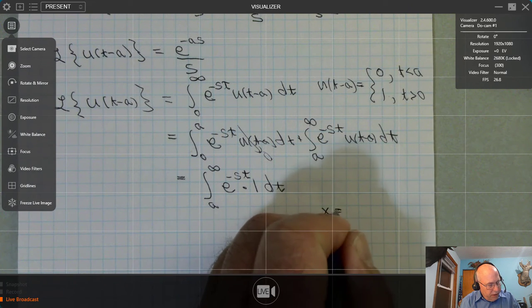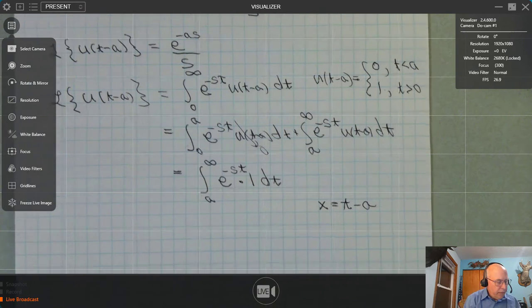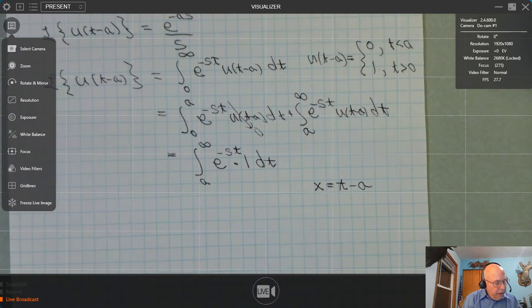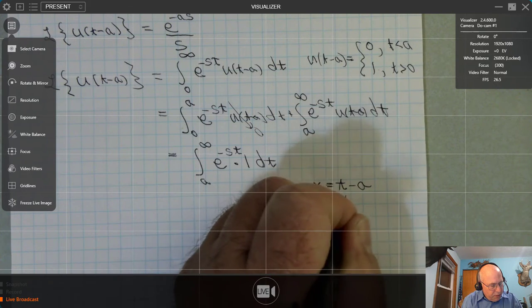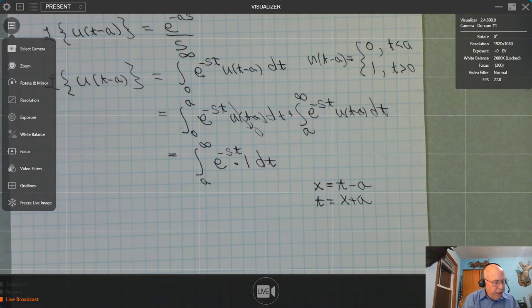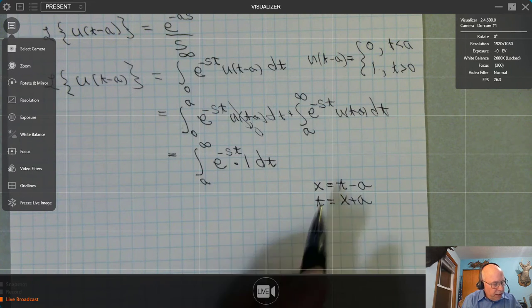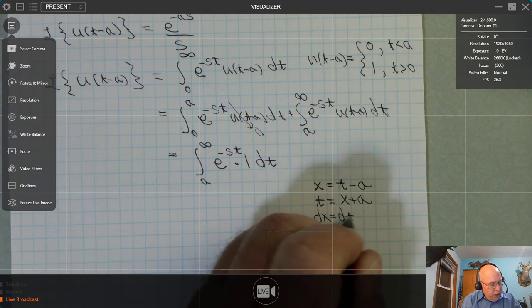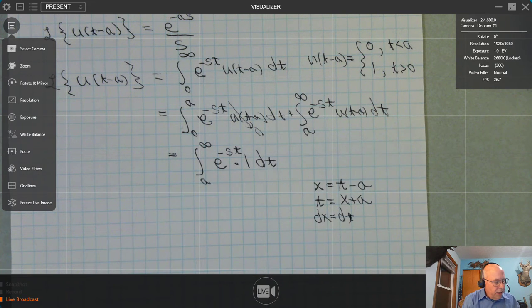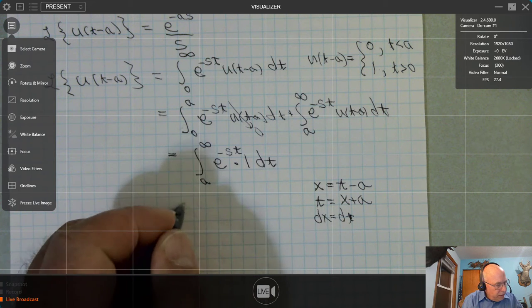So what we're going to do is let x be t minus a, and then of course that's equivalent to saying that t is equal to x plus a. We'll use that in just a little bit. And since these coefficients on x and t are both 1, we see that dx and dt are the same thing. So you can translate this to an integral in x.